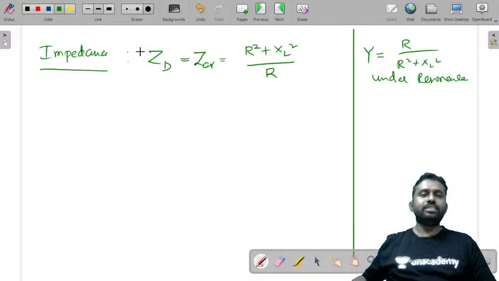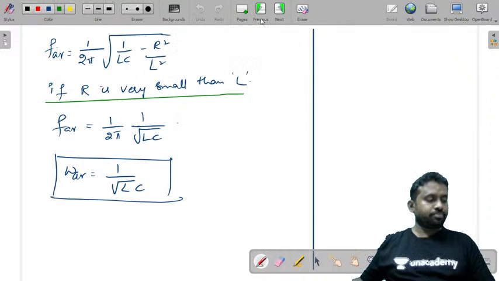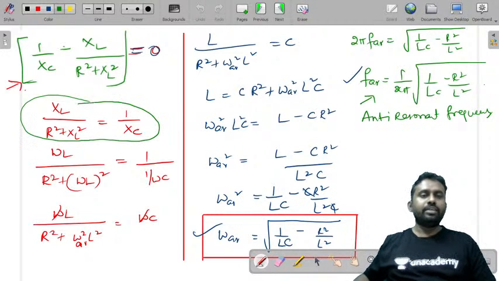So if Y is this, Z is 1 by Y. At resonance, R square plus XL square is equal to XL into XC.